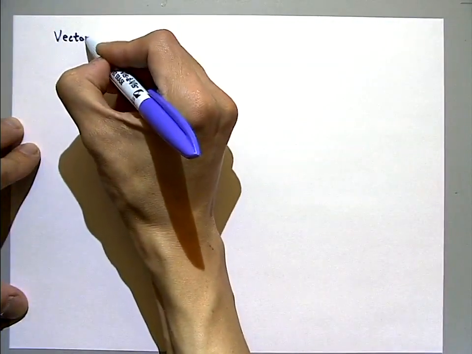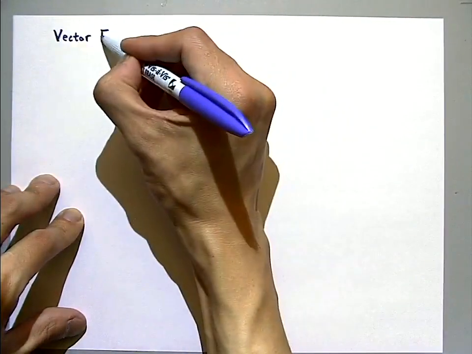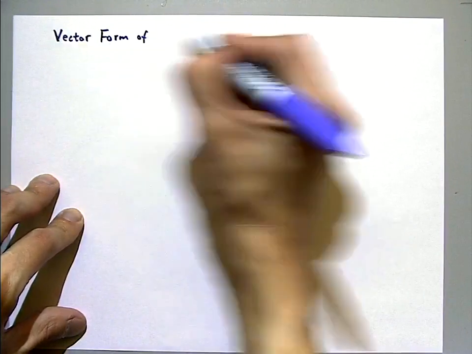Finally, we're going to make a connection of Green's theorem to what we just saw with curl. So we're going to look at the vector form of Green's theorem.